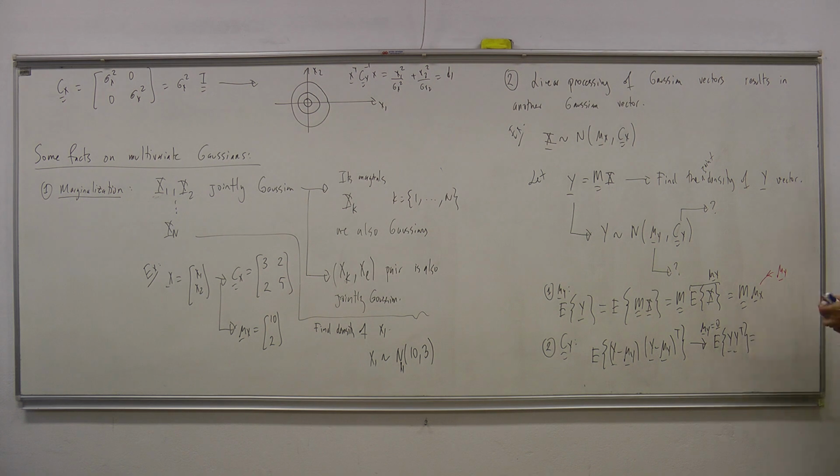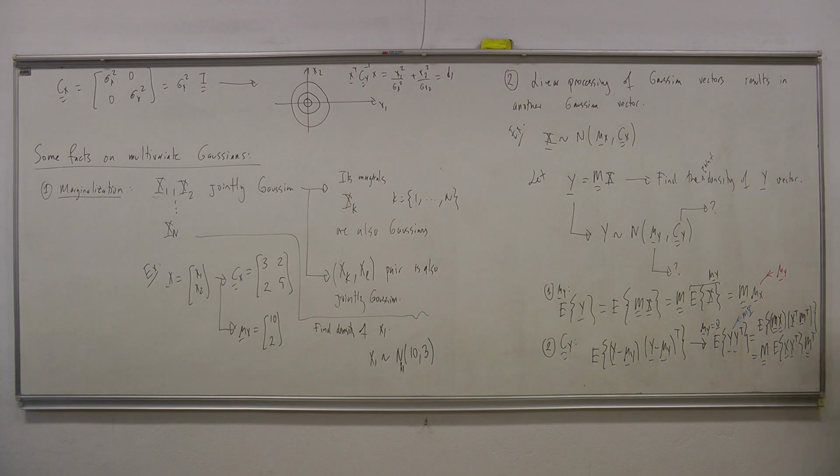So this is the expected value of Mx and the transpose of this, x transpose M transpose. Now, again, I'm taking these constant terms out: M times the expected value of x x transpose, times M transpose.